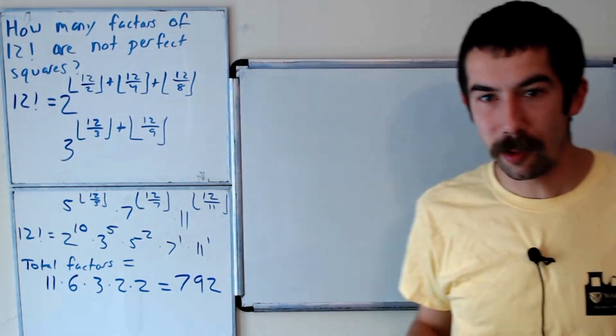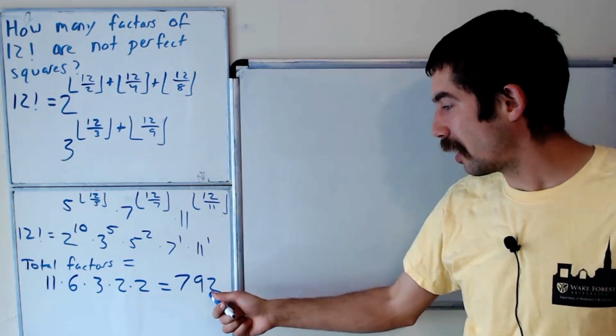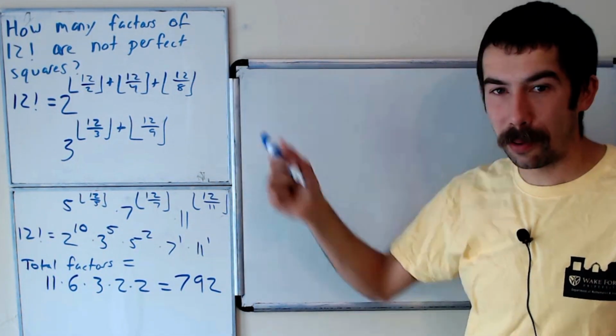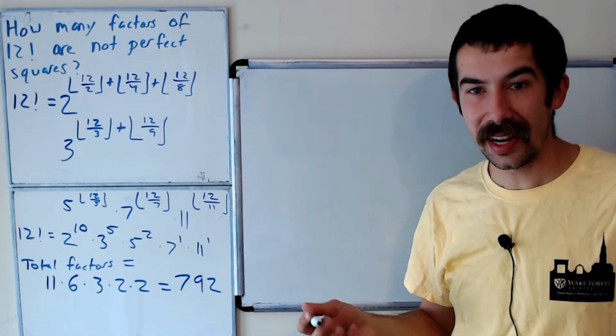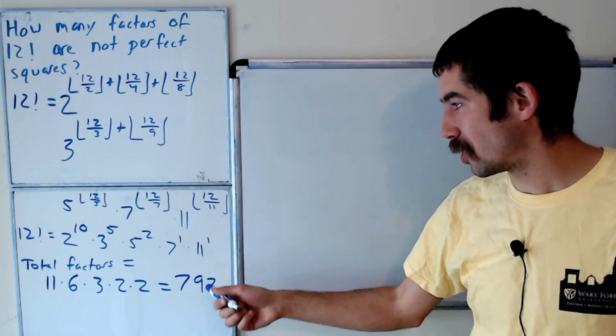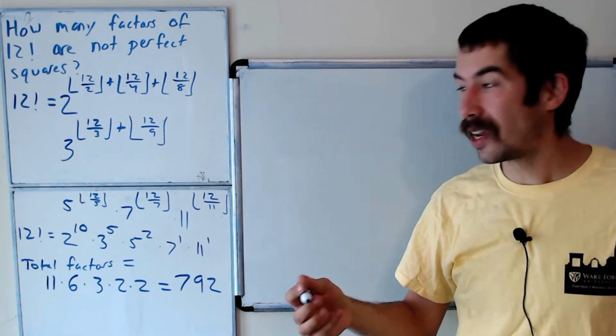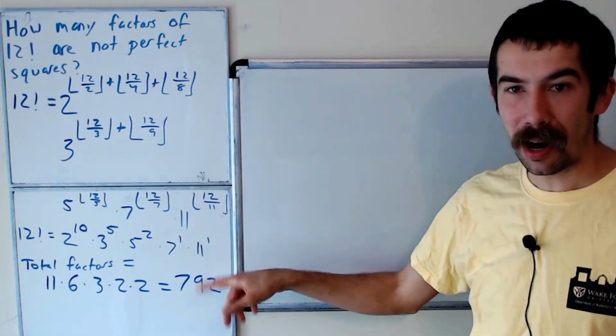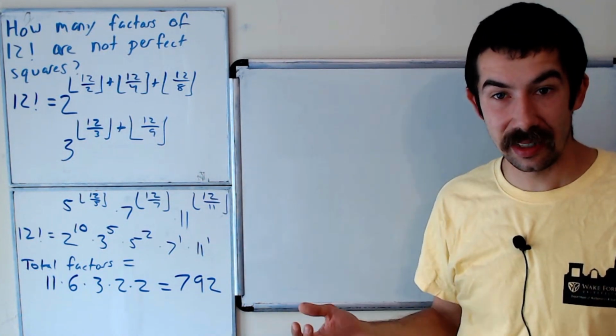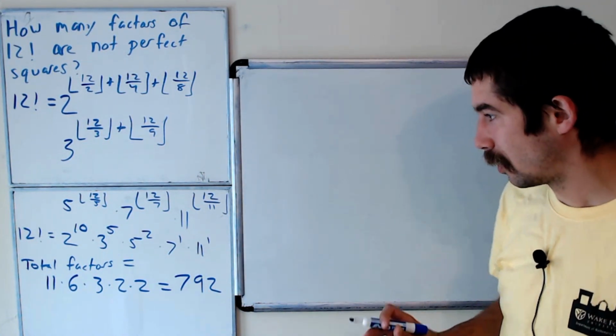And what we want to do is count how many of these factors are not perfect squares. Another way to say that is how many of these factors have a prime factorization where at least one of the prime exponents is odd. Okay?